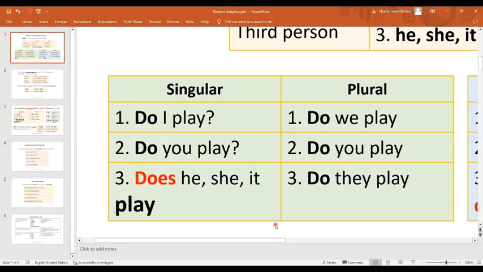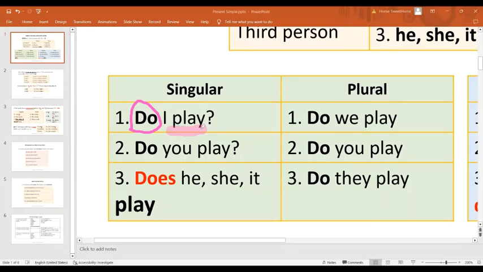So if I look at the questions in the English language, we need to use the auxiliary verb do. Do is here. Do creates a question. It doesn't mean anything in the sentence because your main verb is here.